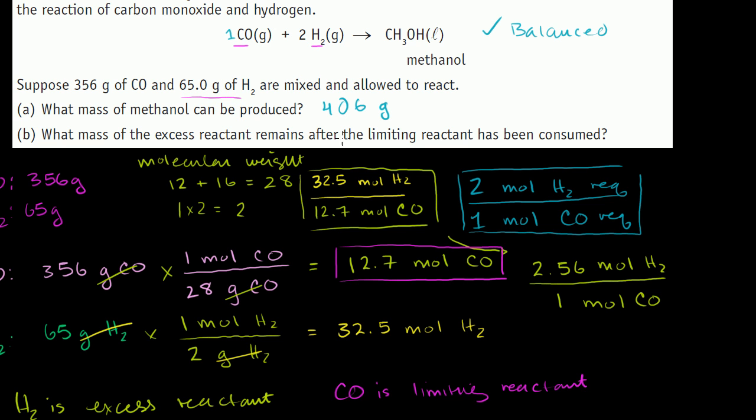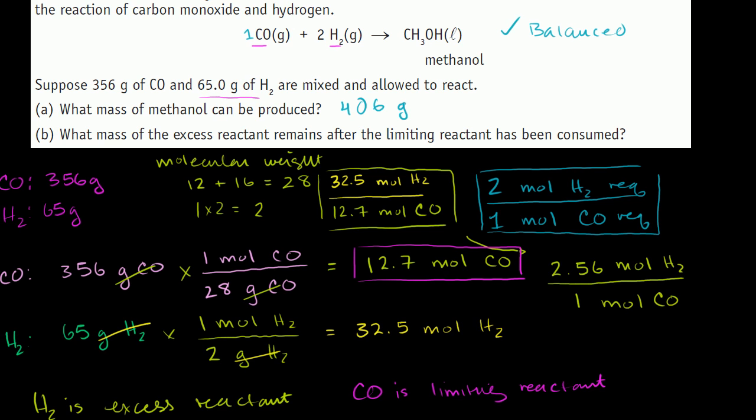Now, there's a couple of ways you can do this. The easiest way to think about it is that the mass has to be conserved. So we started off over here with 356 grams of carbon monoxide and 65 grams of hydrogen, and we were able to produce 406 grams of methanol.